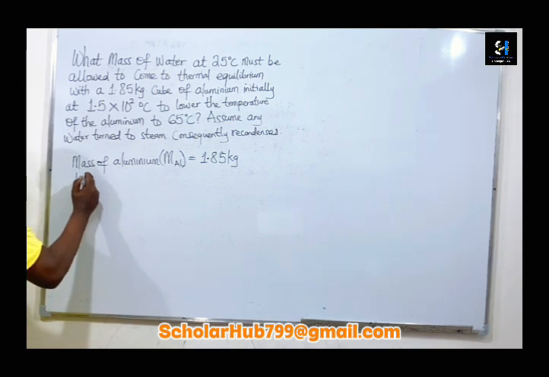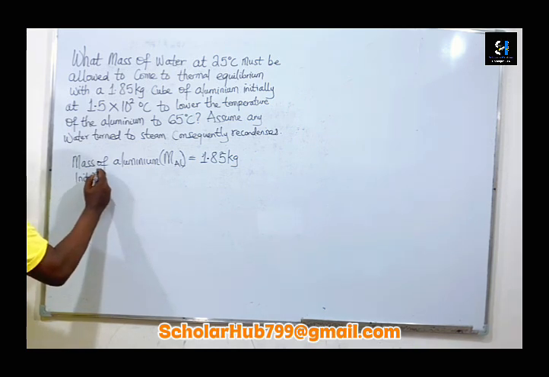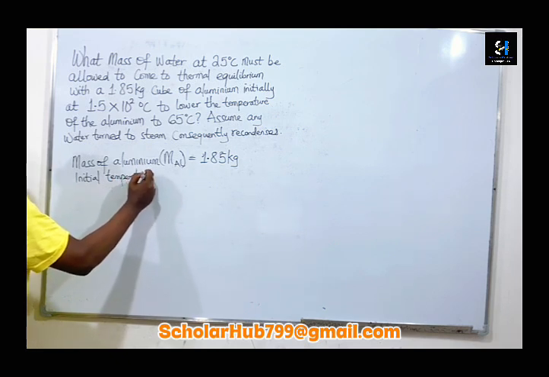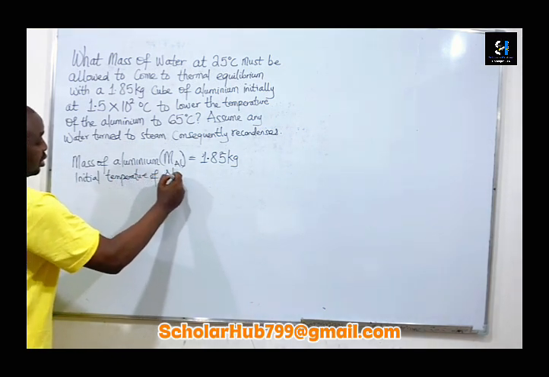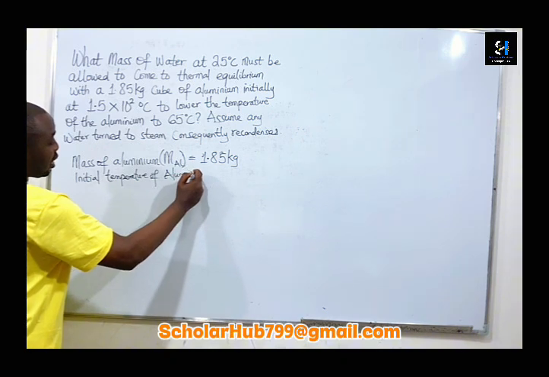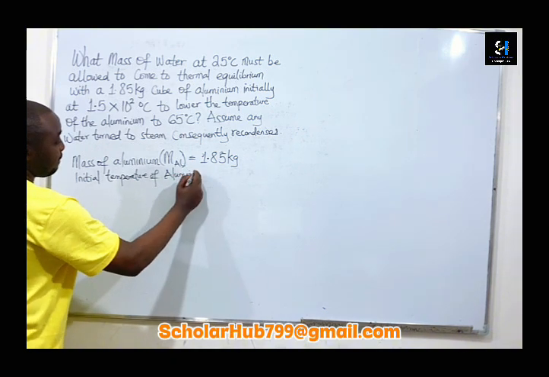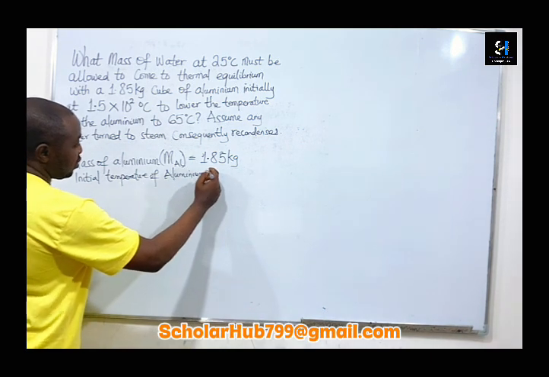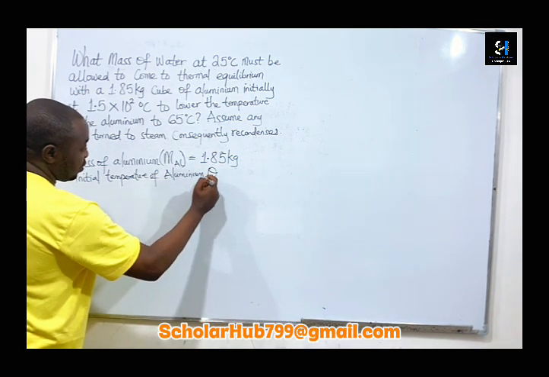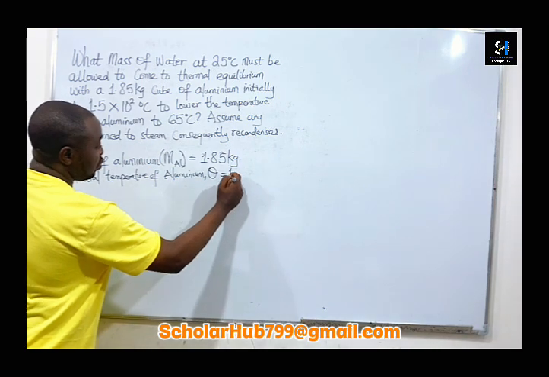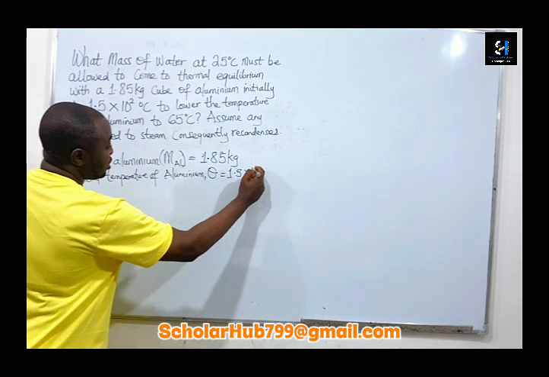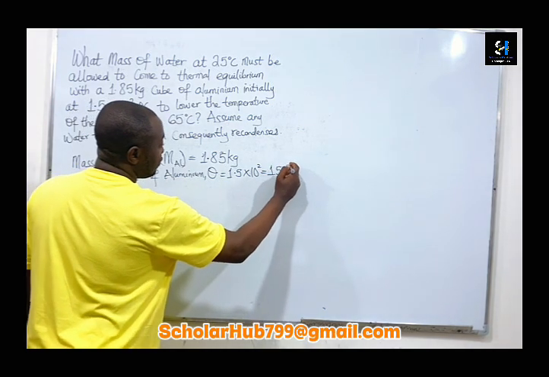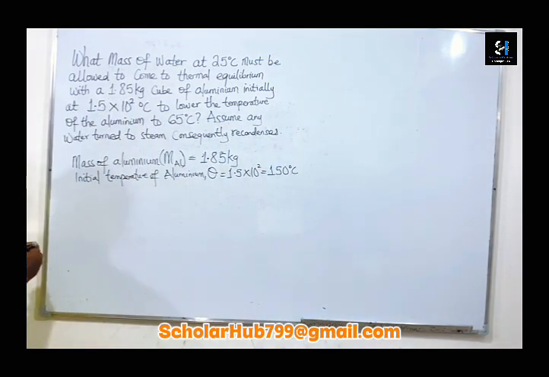So the initial temperature of aluminium, which is the starting temperature, let me write that as theta, is equal to 1.5 times 10 to the power of 2, which is equal to 150 degrees Celsius.